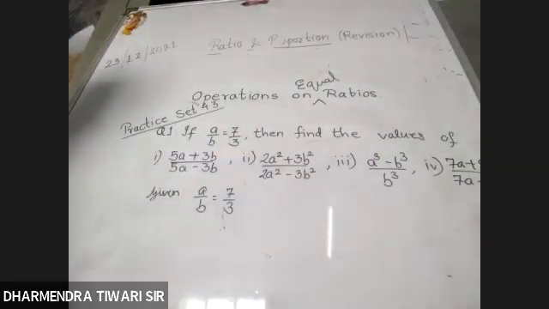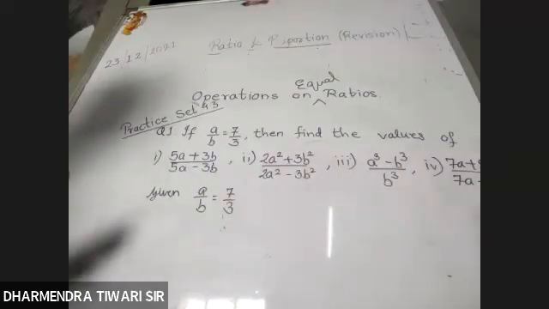Our demand says that we want 5 along with a and 3 along with b. So what we need to do? Multiply by 5 on both sides, using the property that if we multiply by k on both sides, the ratio remains the same.